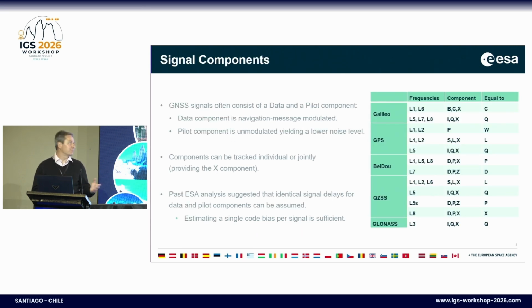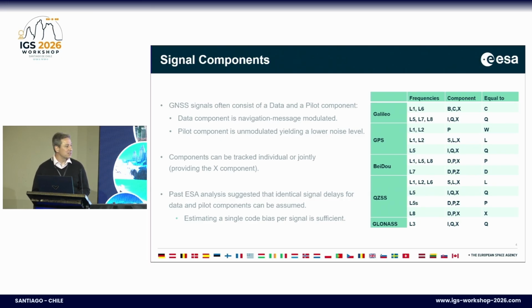Everybody knows that there are different signal components. On at least modern GNSS, we have pilot and data signals, and we have the possibility that the receivers track the signal in a different way, for example, a mixture of pilot and data signals, and report them as X component.